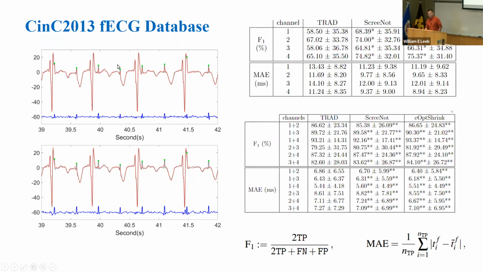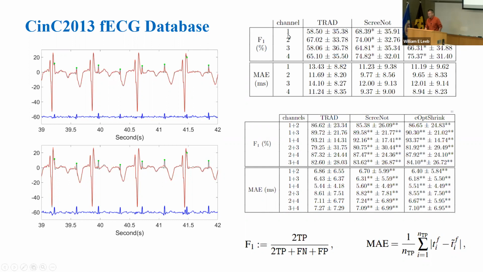And we compare how correctly we can locate the fetal peaks after the optimal shrinkage, compared to the manually annotated fetal ECG locations by the clinical doctors. You can see using our method, we have the highest accuracy rate, and it has statistical significance compared to the traditional method or the screen knot.